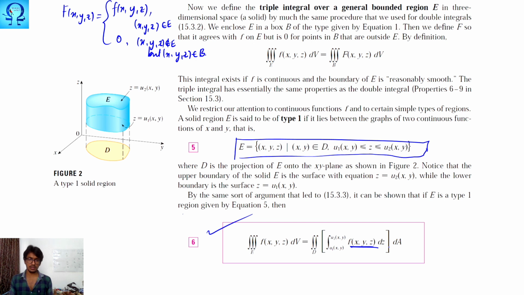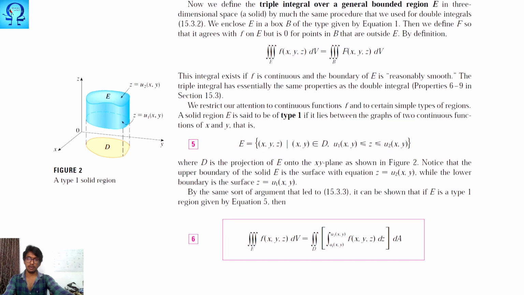Then in place of z, we substitute u2 of x y and u1 of x y and evaluate the limit as usual. Then we are going to have some function which involves x and y. When the integrand involves only x and y, to be integrated over some region D, we will plug in our double integration ideas to complete this type of problem.